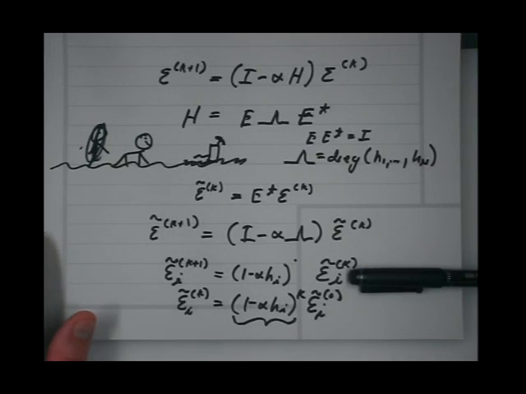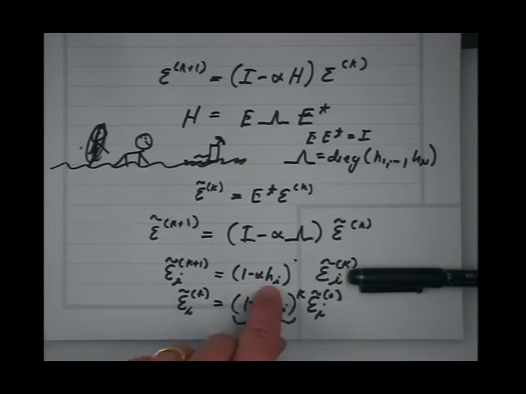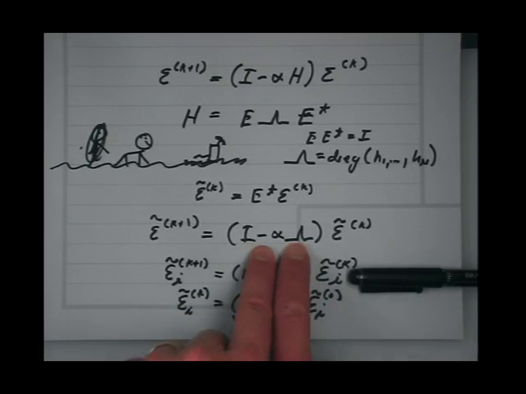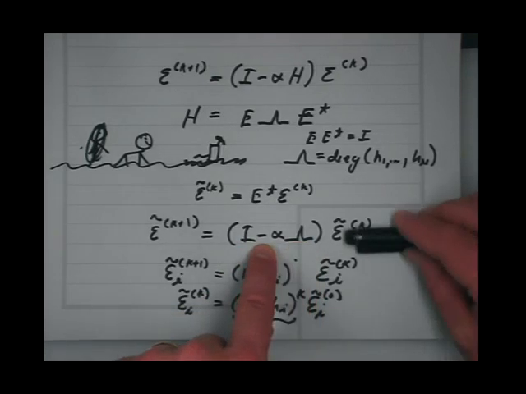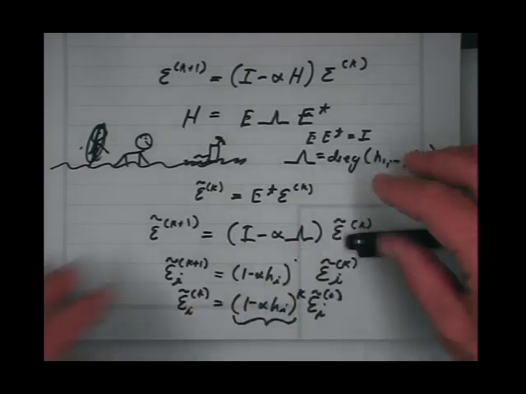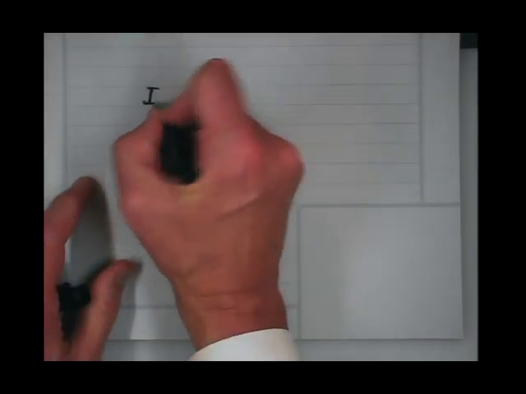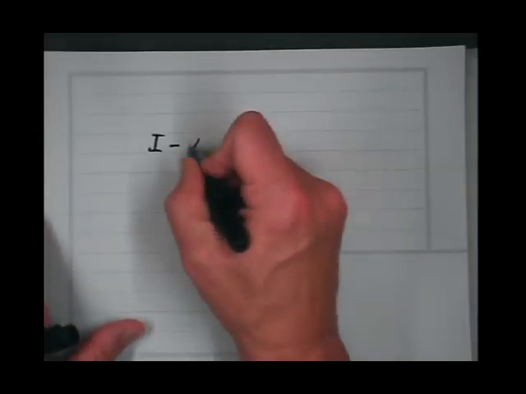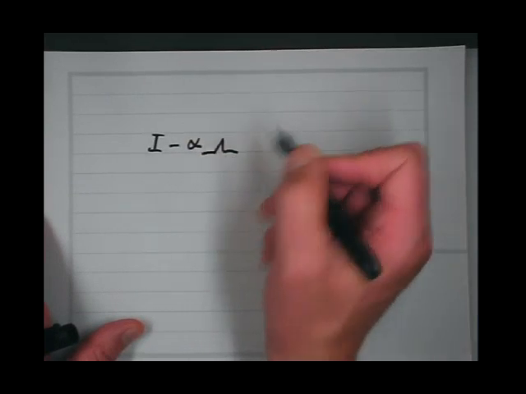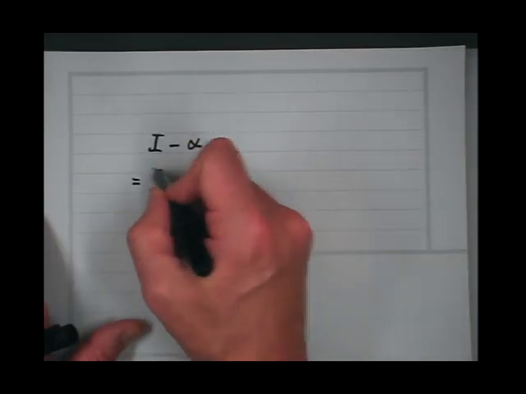I don't understand 1 minus h_i. Right, 1 minus h_i? Okay, so you understand this line here? Yes. So this is a diagonal matrix. Let me just write it out. This matrix, I minus alpha lambda, really looks like this.